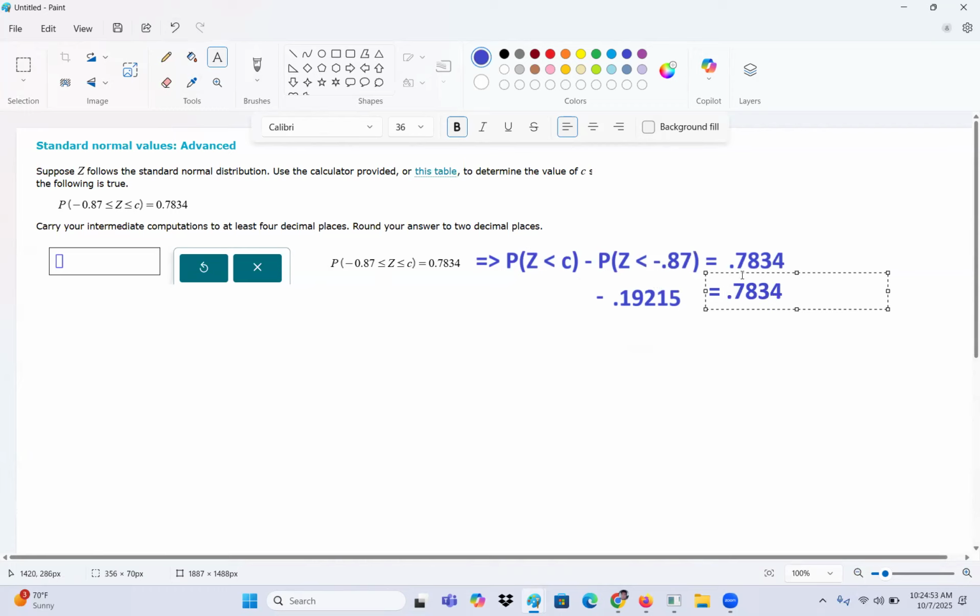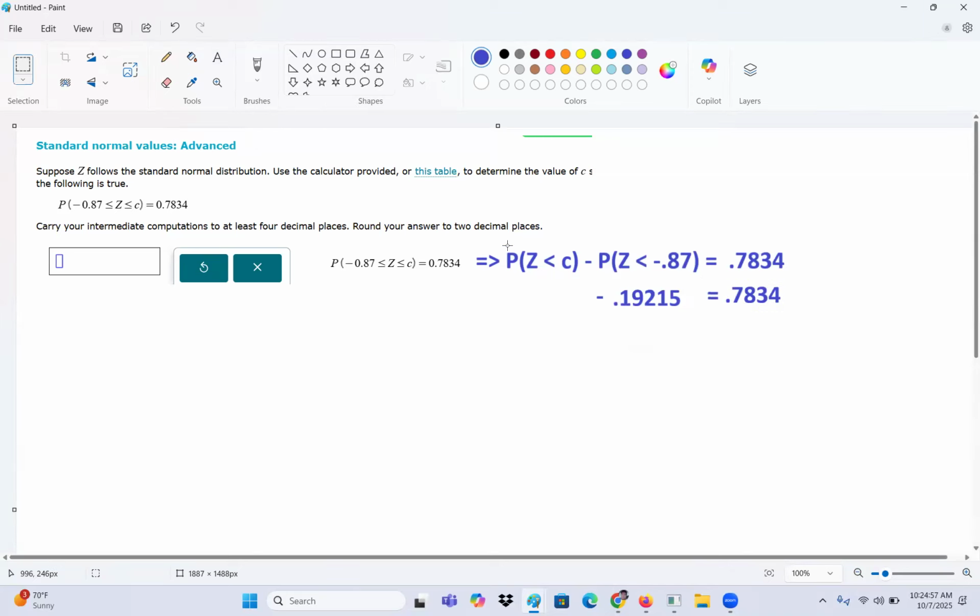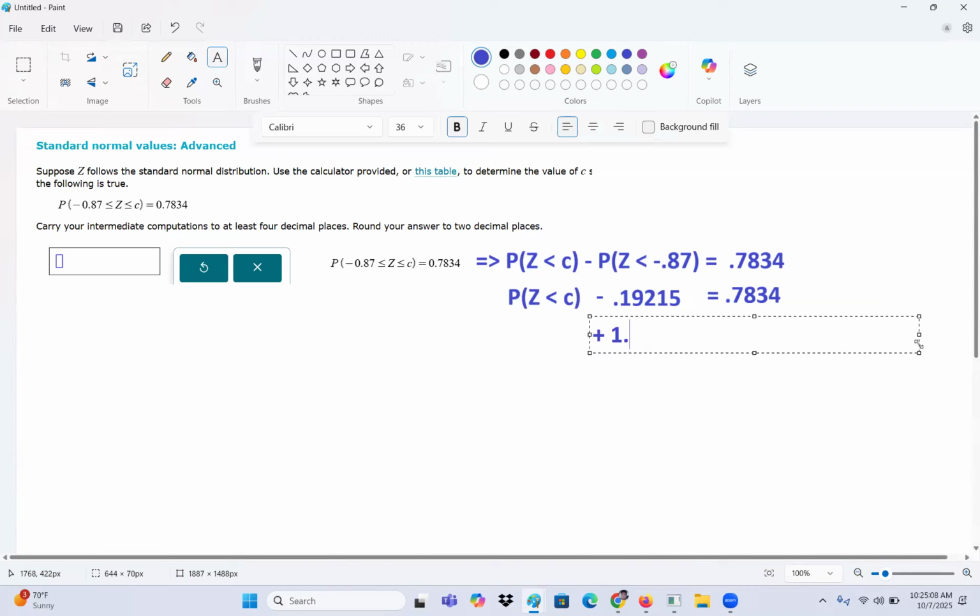The absolute value of minus 1 minus 10x. So essentially what you're doing is this, and then we add both sides by 0.19215 on both sides.